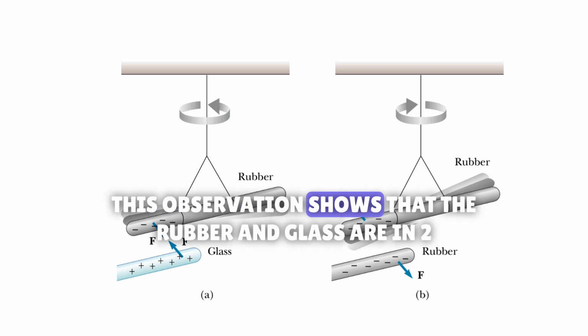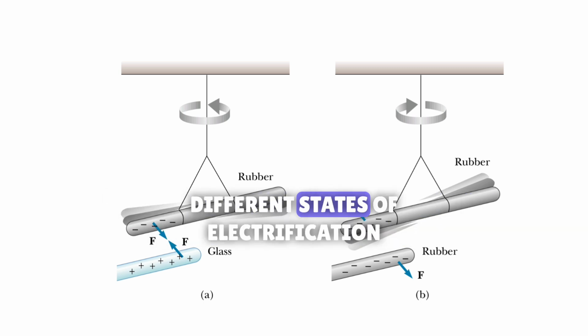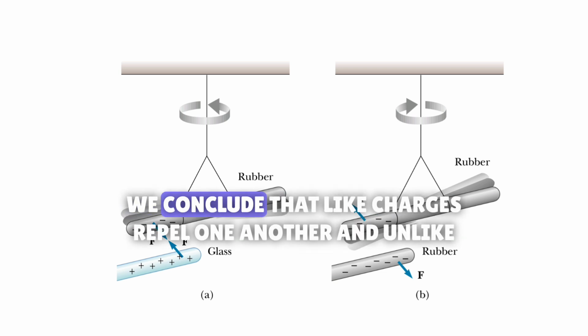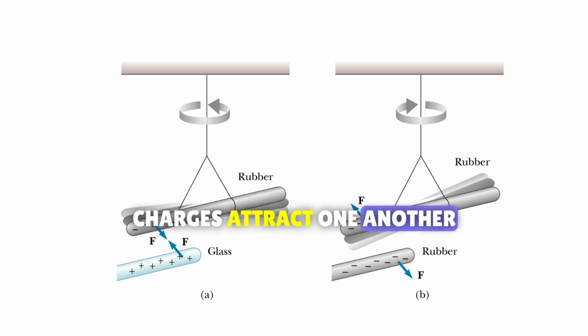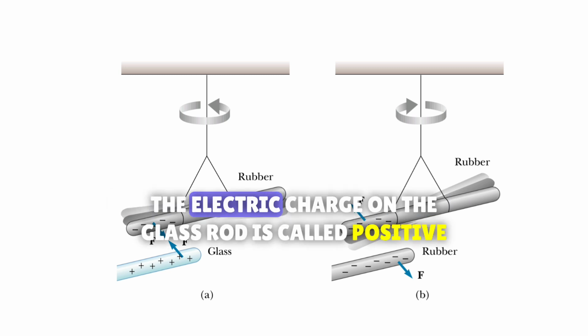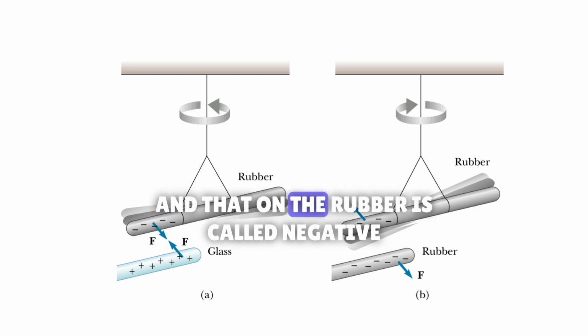This observation shows that the rubber and glass are in two different states of electrification. On the basis of these observations, we conclude that like charges repel one another and unlike charges attract one another. Using the convention suggested by Franklin, the electric charge on the glass rod is called positive and that on the rubber is called negative.